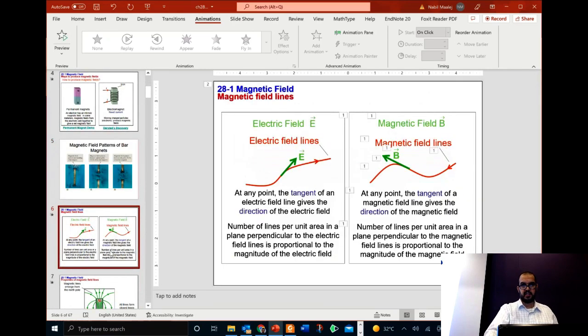Like we represented electric field lines to indicate the direction of the electric field, we also can use magnetic field lines to represent the direction of the magnetic field. Also, the number of lines per unit area indicates the strength of the magnetic field.